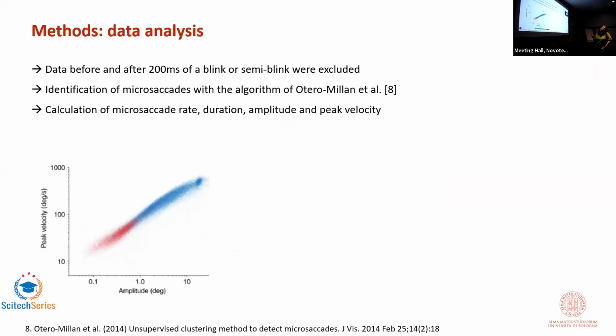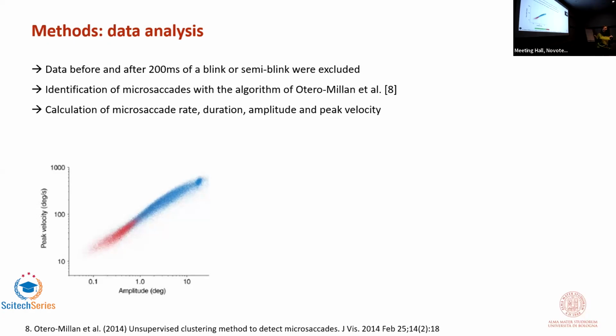You see here one of our main sequences of eye movements. You see amplitude on the x-axis and peak velocity on the y-axis. This is very important because microsaccades are defined as small eye movements with an amplitude of less than 1 degree, so they have to be very tiny, and a peak velocity of no more than 100 degrees per second.